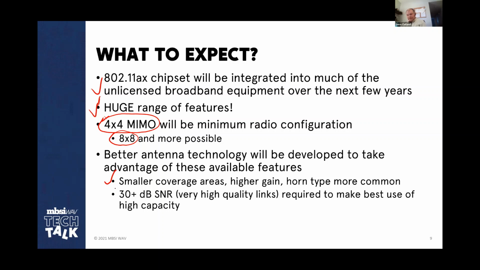So we're going to be able to take advantage of this where we need the density, where we need the range. We're going to use higher gain sector antennas to reach out and maintain the same ranges that we're used to today, but at higher performance levels, because maybe now I can put six access points up on a tower.